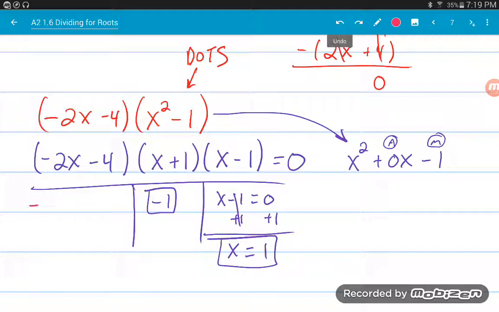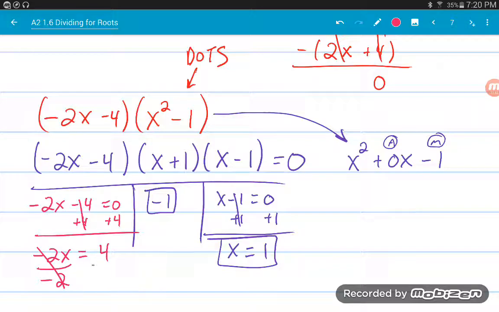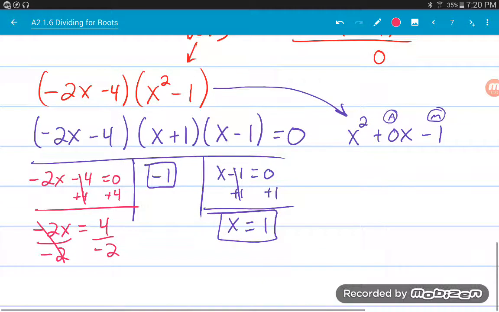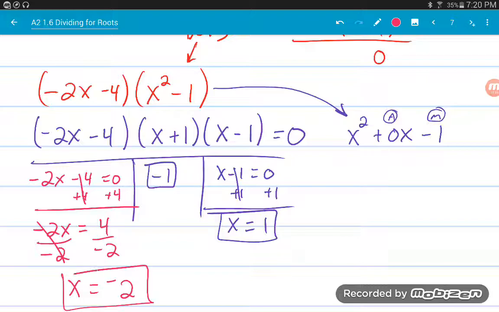On the left-hand side, I'm going to get negative 2x minus 4 equals 0, plus 4 on both sides first. I get negative 2x is equal to 4, divide by negative 2 on both sides, and you get x is equal to 4 divided by 2 is 2, but it's positive divided by a negative, so it's going to be negative 2.